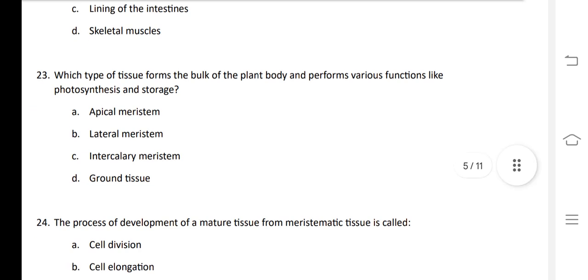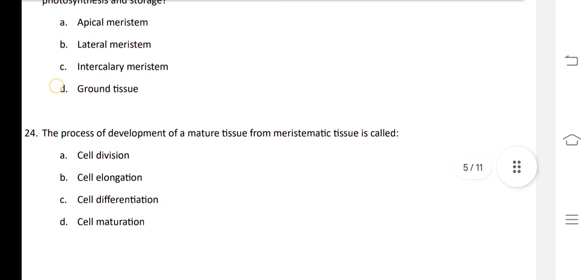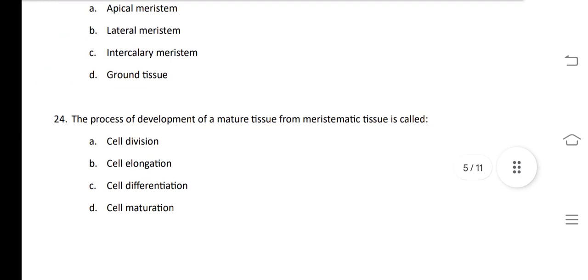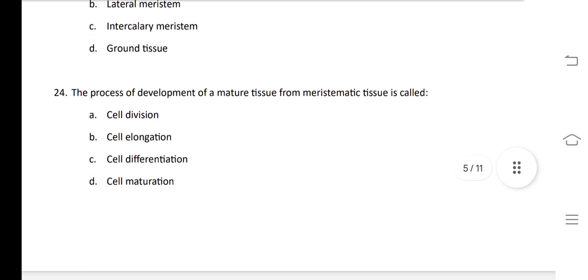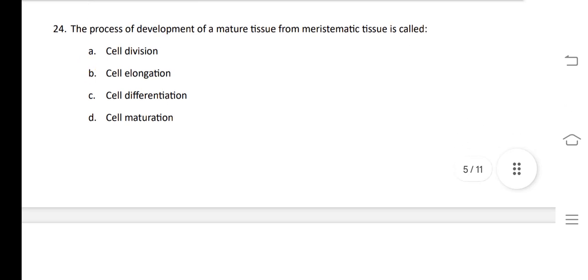That is done by ground tissue. Our next question is, which process of development of tissue? The process of development of mature tissue from meristematic tissue is called cell maturation. Here maturation of cell is occurring, so it is named as cell maturation.